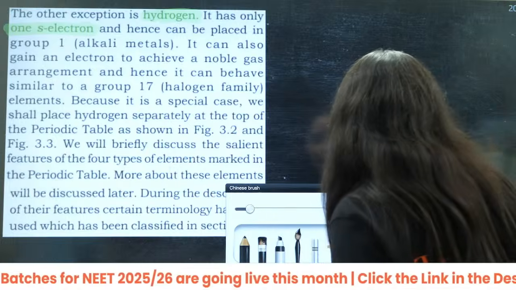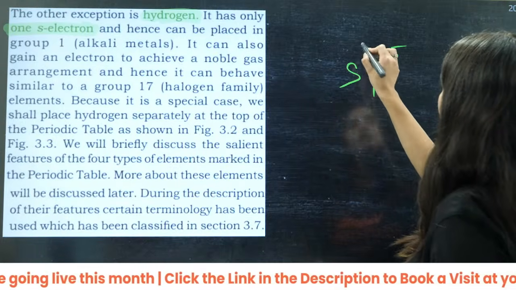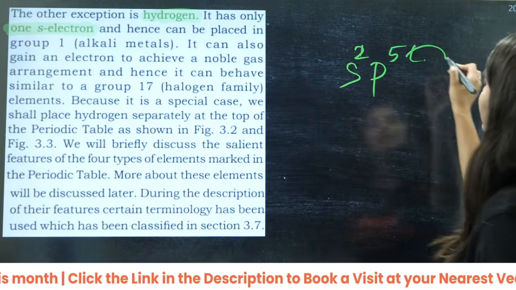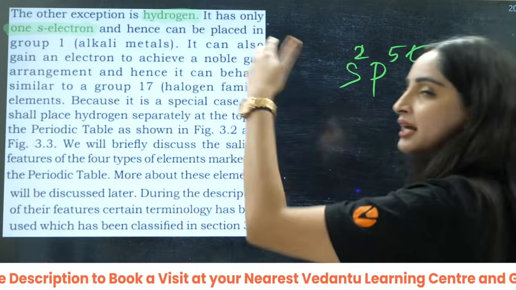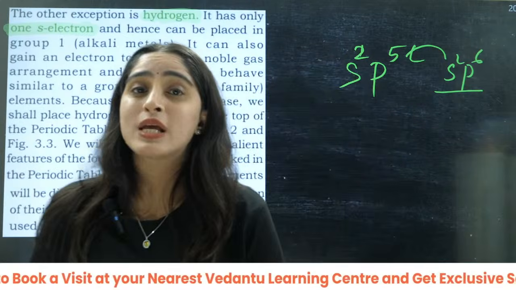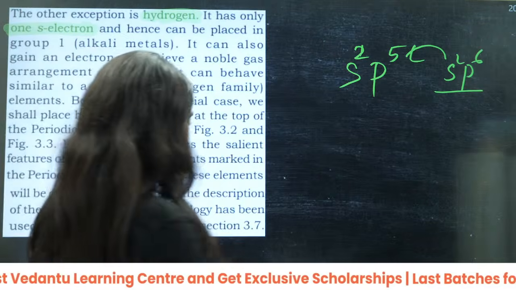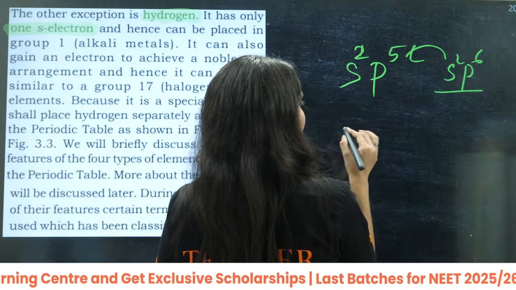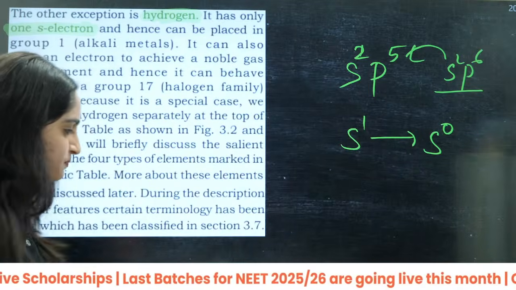Group 17 has S2P5, so by gaining one electron it becomes S2P6. Gaining the electron means becoming like a halogen. Losing the electron means becoming like group number 1, the alkali metals. So now they are very confused: either it can do this, or it can lose an electron and become that.